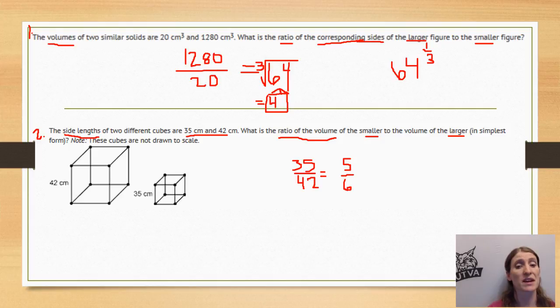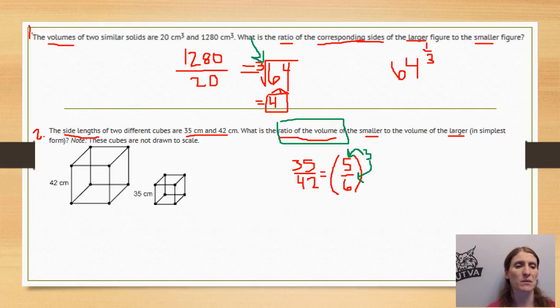Okay, so then from here, remember how up here we took the cube root? Well, this time we're going to cube it instead of taking the cube root, because we want to know the ratio of the volume, okay? And so now, you know this to be 5/6 times 5/6 times 5/6, or you could just cube this one and cube this one.